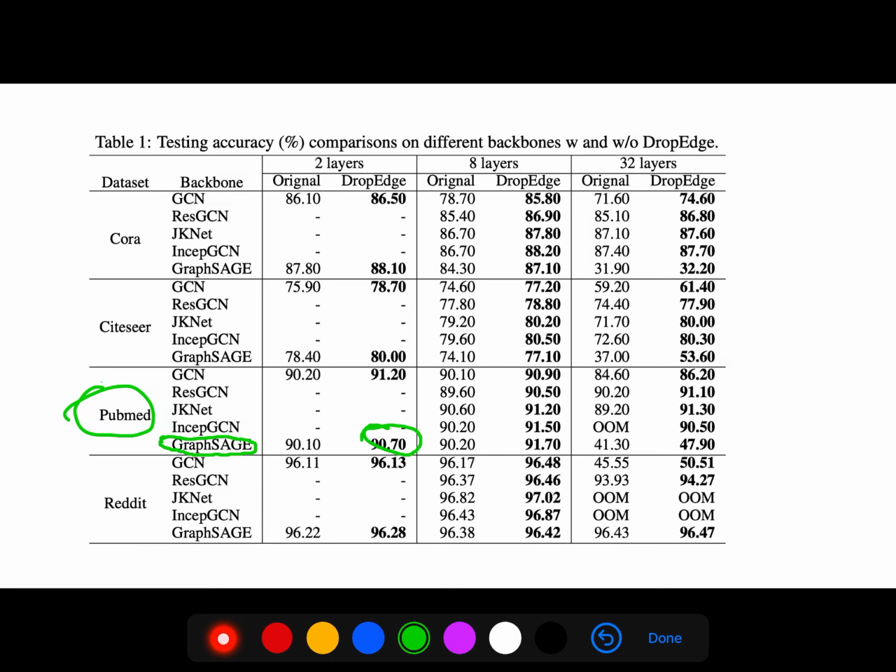If we increase the layers from 2 layers to 8 layers, we have about 1% more increase, but if we go to 32 layers, then suddenly we have 47%. So the accuracy goes down. First it goes up and then it goes down as the number of layers increases. The accuracy changes. So this is a good observation.